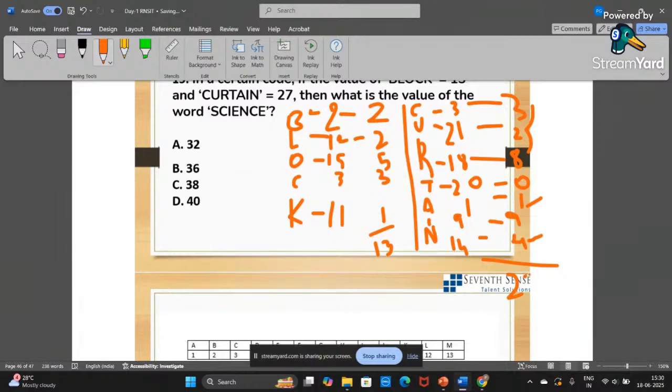See, the logic we applied is correct. It is satisfied for both conditions. Now this logic needs to be applied for the word signs. Apply the same logic for the word signs and get the answer.